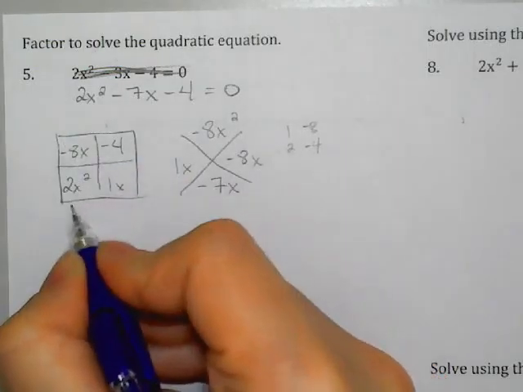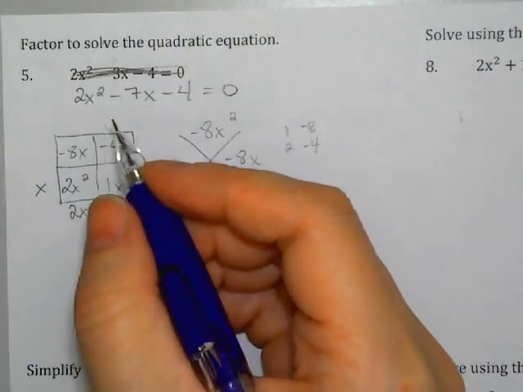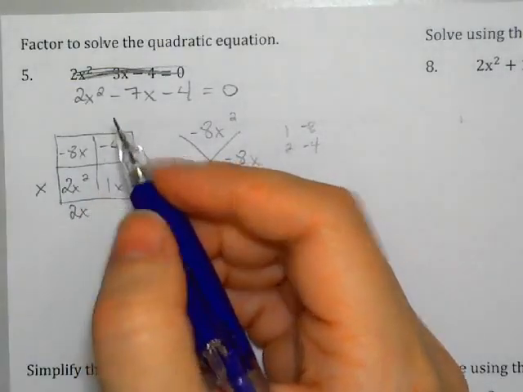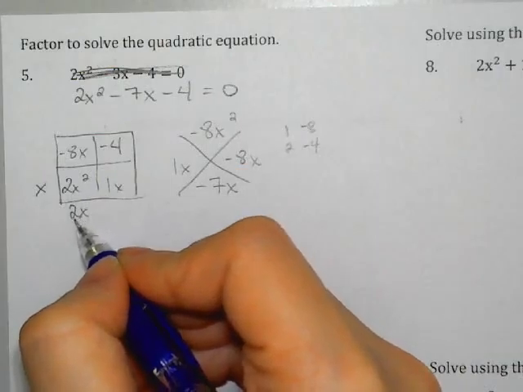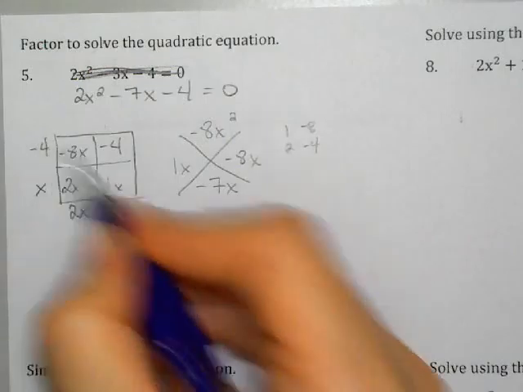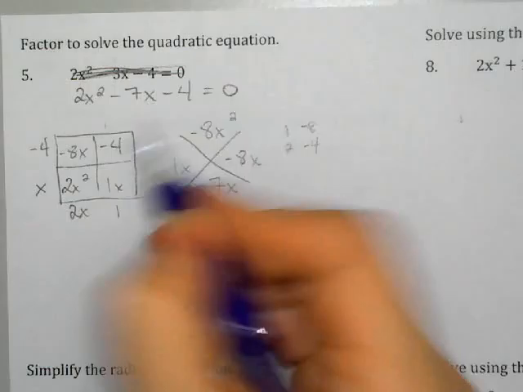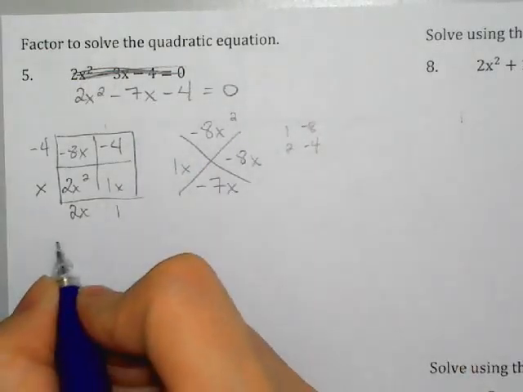So I factor out a 2x from this column and then put an x over here. So 8x divided by 2x gives me negative 4, 1. And we multiply those two to get negative 4 to double check that we're correct.